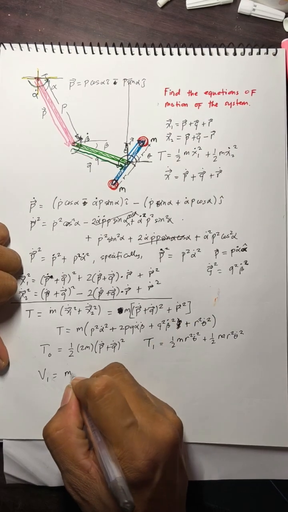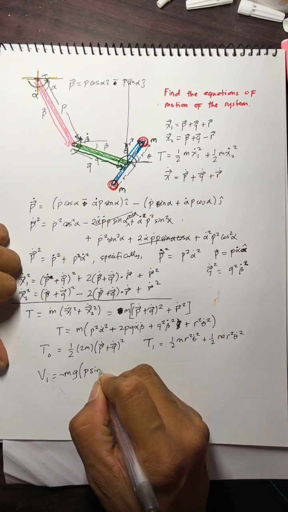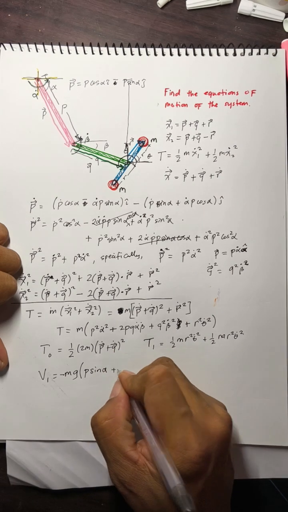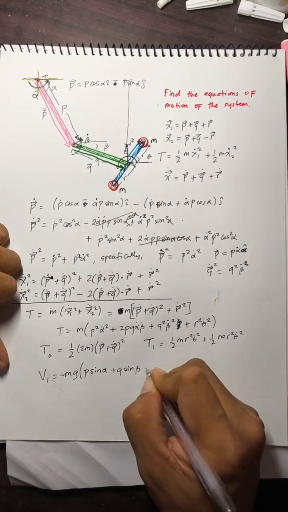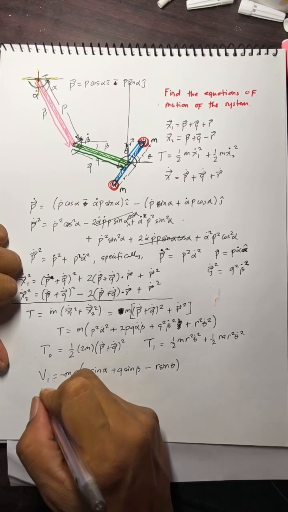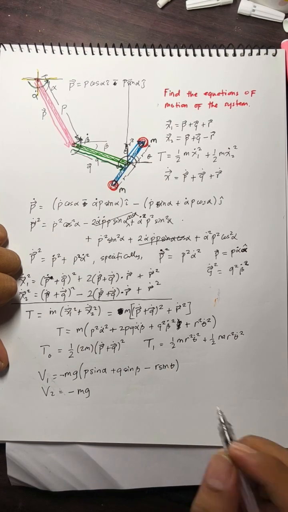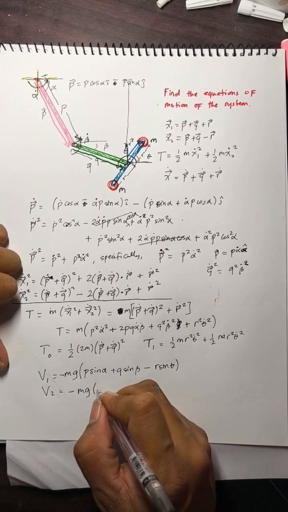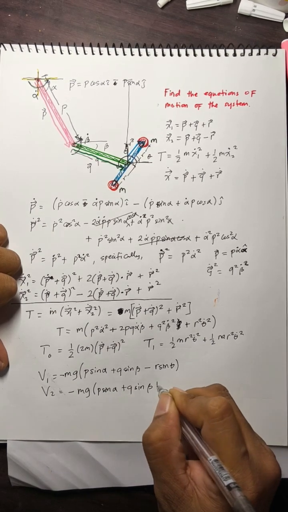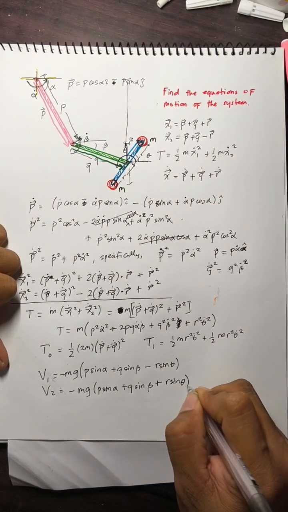So this means V1 is negative mg times (p sine alpha plus q sine beta minus r sine theta). And our V2 would be equal to minus mg times (p sine alpha plus q sine beta). This is now plus, you have to add this one here, r sine theta.